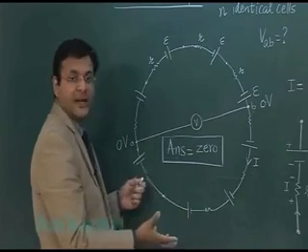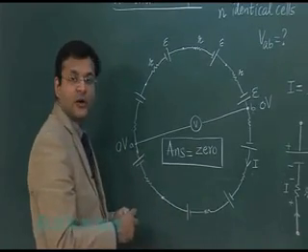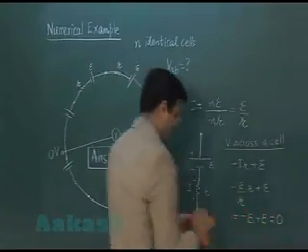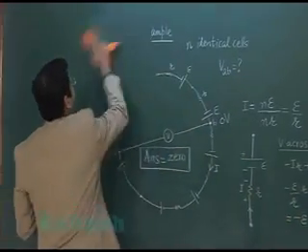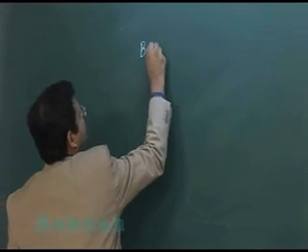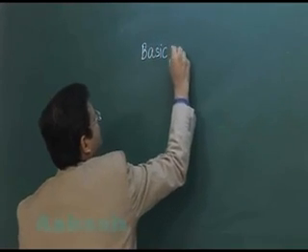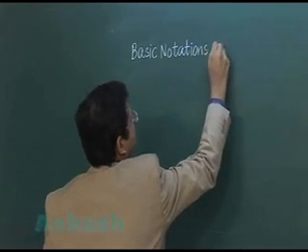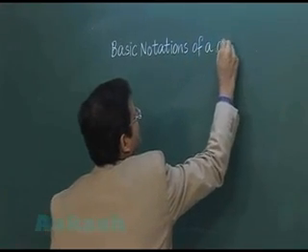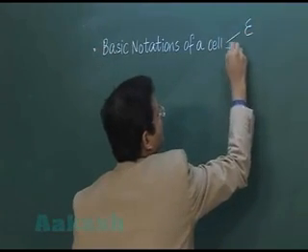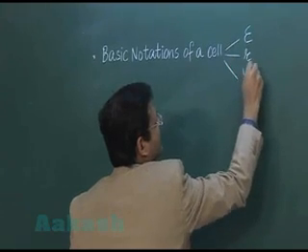Now before we move ahead, let us summarize what we did in today's lecture. First we looked at the basic notations of a cell, in which we talked about the meaning of EMF, the meaning of internal resistance, and the meaning of terminal voltage.